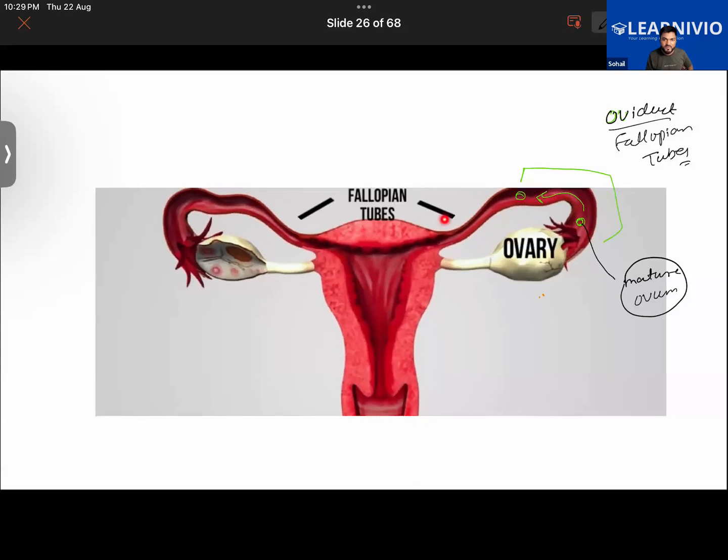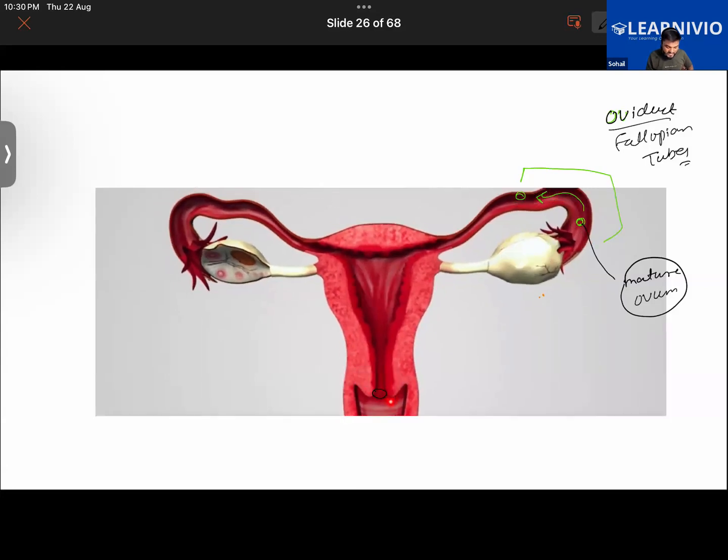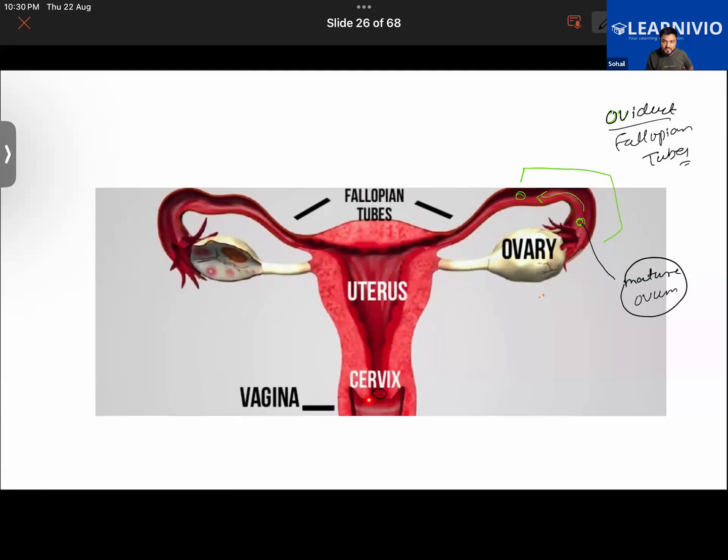The uterus opens into this opening, which is called the cervix. The cervix opens into another wide opening called the vagina.